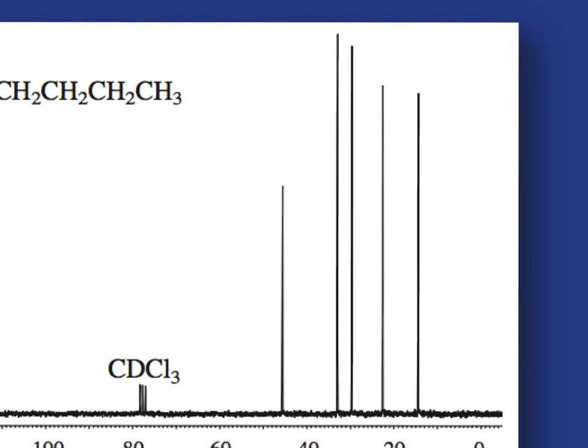They also don't integrate, so it doesn't tell you the same type of information that a proton NMR does. What it does tell you, and what it's so good at, is it's much more sensitive to the chemical environments. Now let me go back.